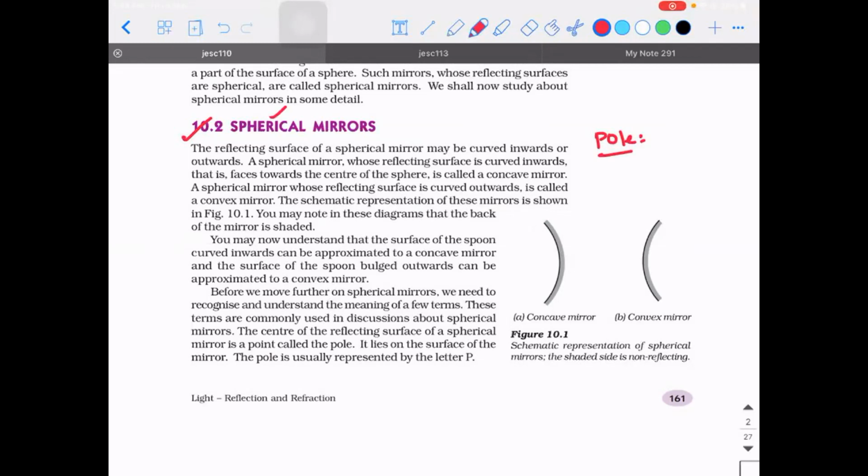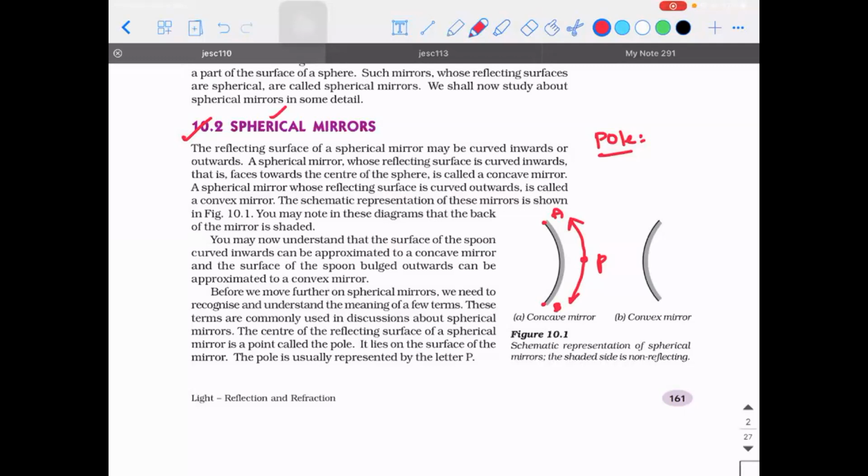That's right. So what she is trying to say is, pole means if this point is A and this point is B, from A to B there is a distance. Exactly the midpoint of the distance is what we call a pole. Then what is the center of curvature?